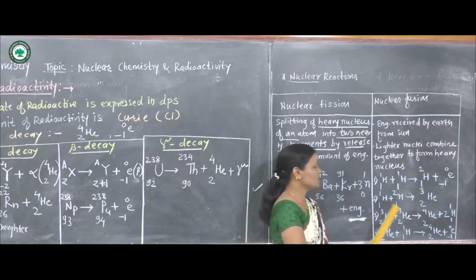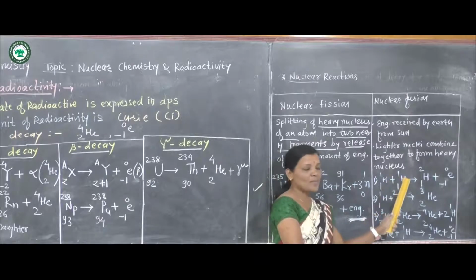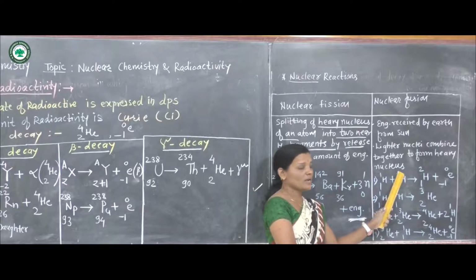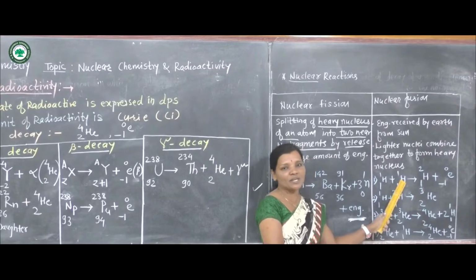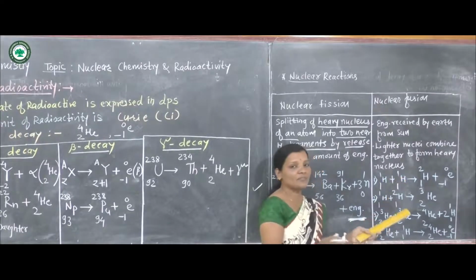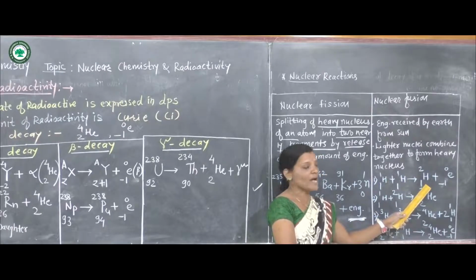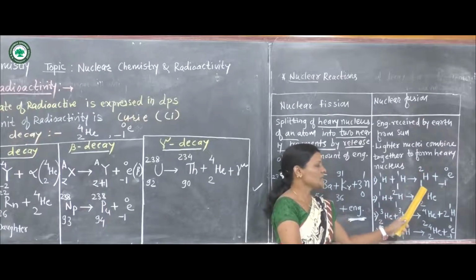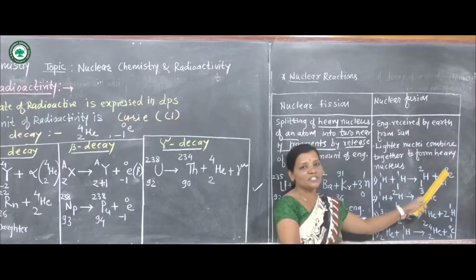For example, consider the first reaction: 1H1, hydrogen, combines with a second hydrogen having atomic number 1 and mass number 1. Both these nuclei are lighter in nature, meaning their atomic numbers are small. These nuclei fuse together and form the daughter nucleus, an isotope of hydrogen with atomic number 1 and mass number 2, with emission of a beta particle.